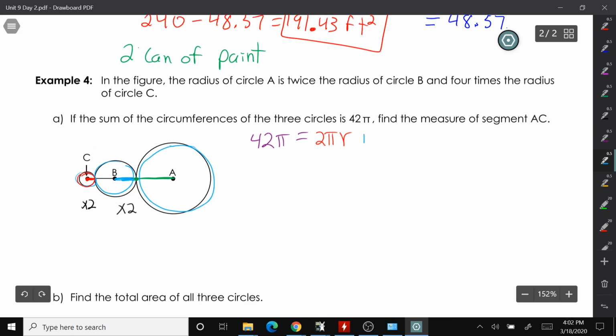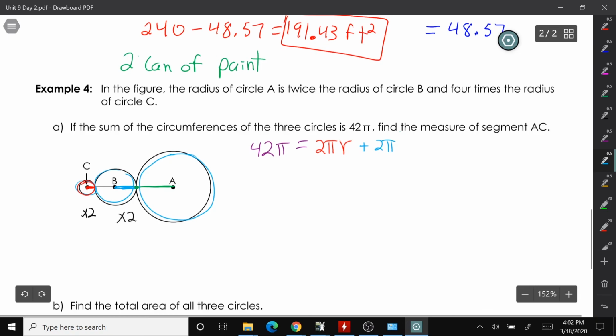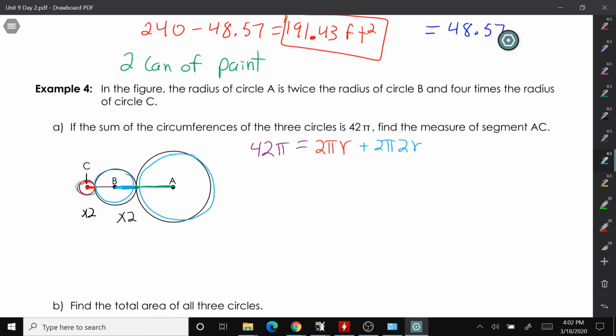Now the second circle, circle B, that radius is 2 times the smaller one. So it's going to be 2 pi, but not r, times 2r, because circle B is 2 times the size of circle C. And then for the largest circle, circle A, the radius of that one is 4 times the smallest one.